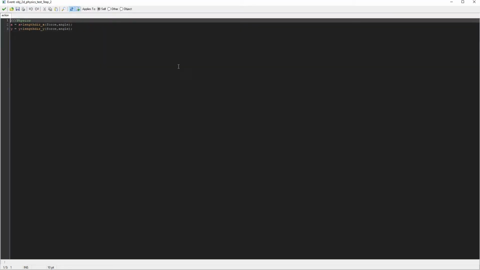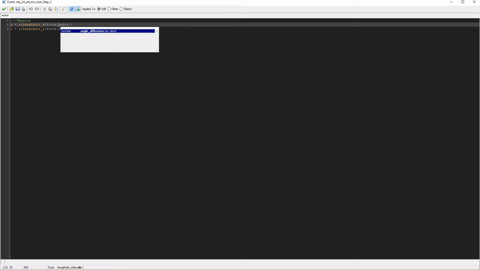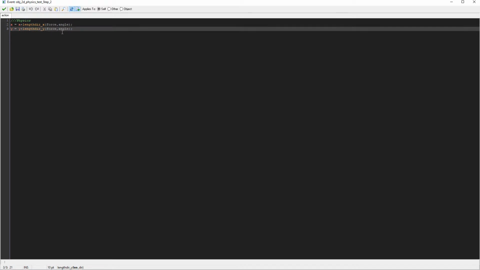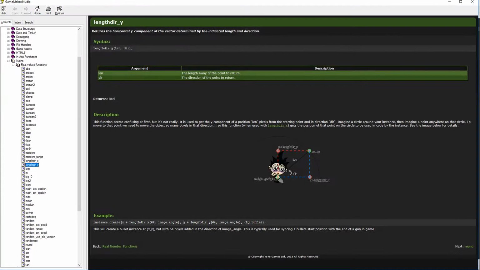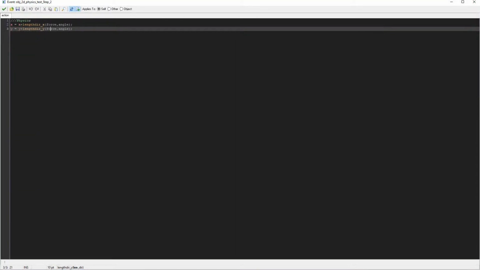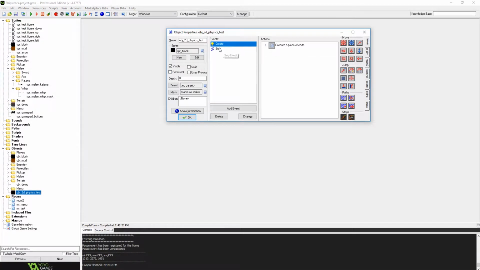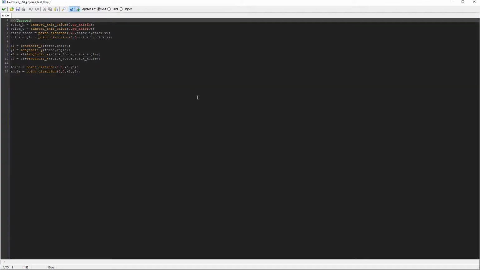Okay, come on. X equals x plus length dir x, force and angle, which have been changed. Should totally work.